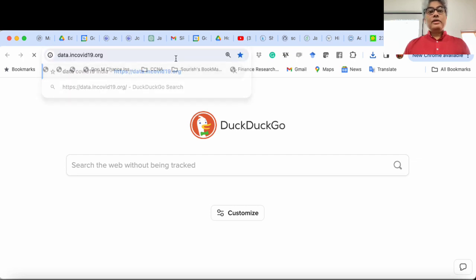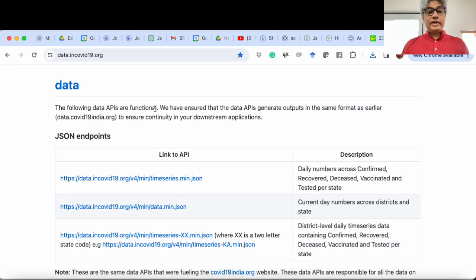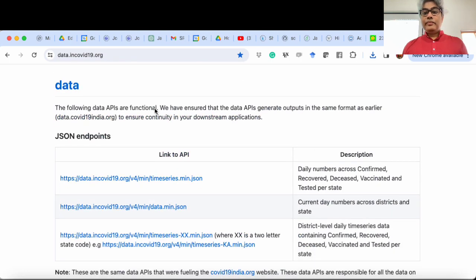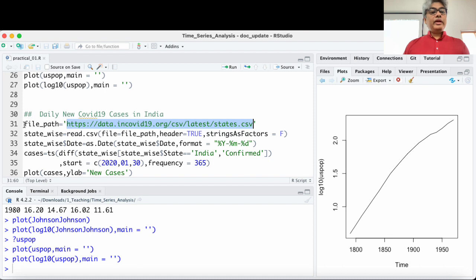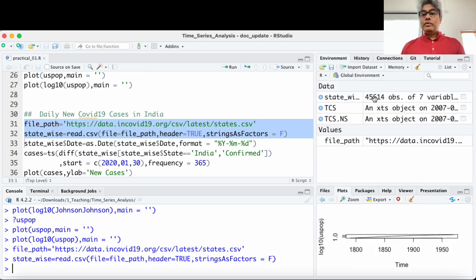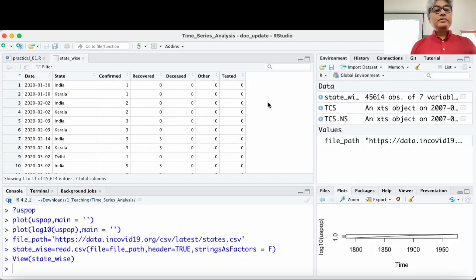This is the data set from where I'm downloading the data. I don't know what the latest data set is that they have. Let us see. I am downloading the data, and this is state-wise data.